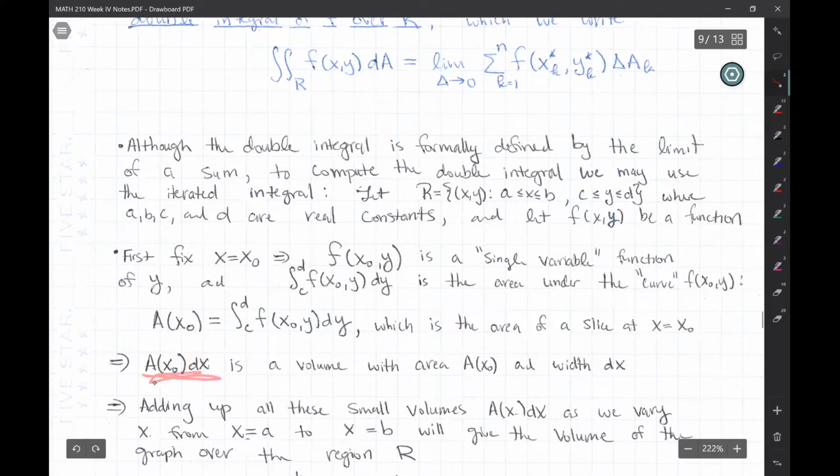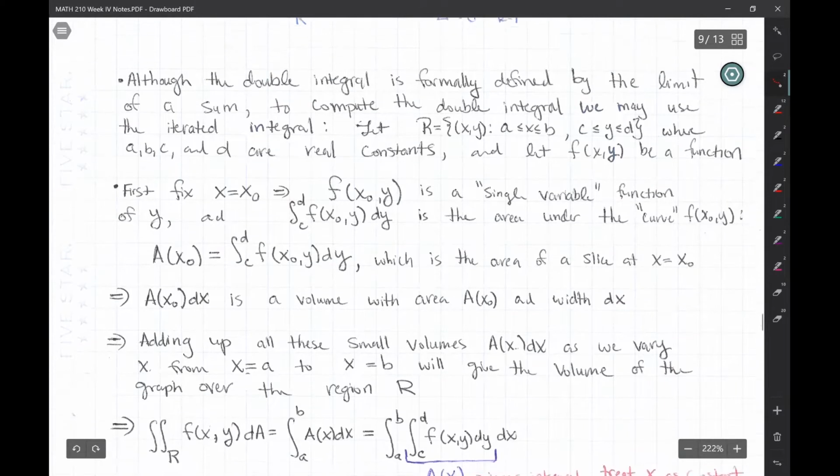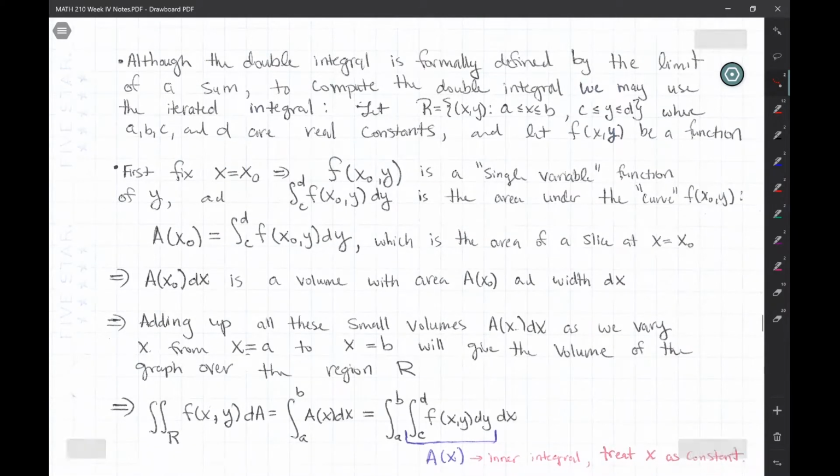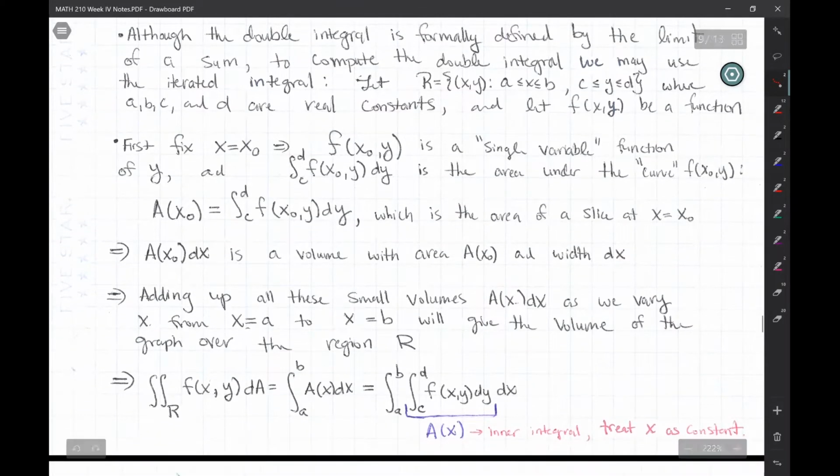And now this is a volume. So A(x naught) dx is the volume of area A(x naught) and width dx. And this is all formal, it's just to motivate the understanding.